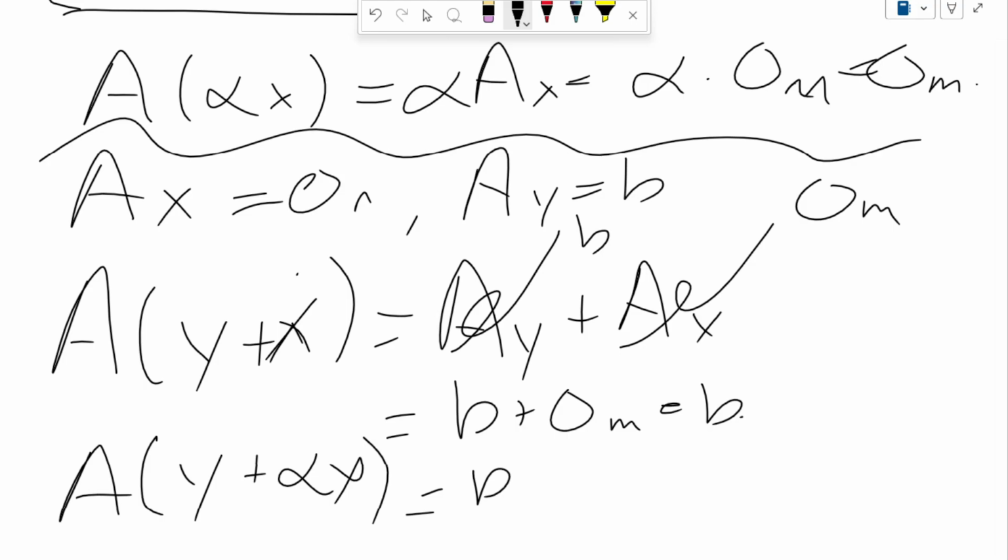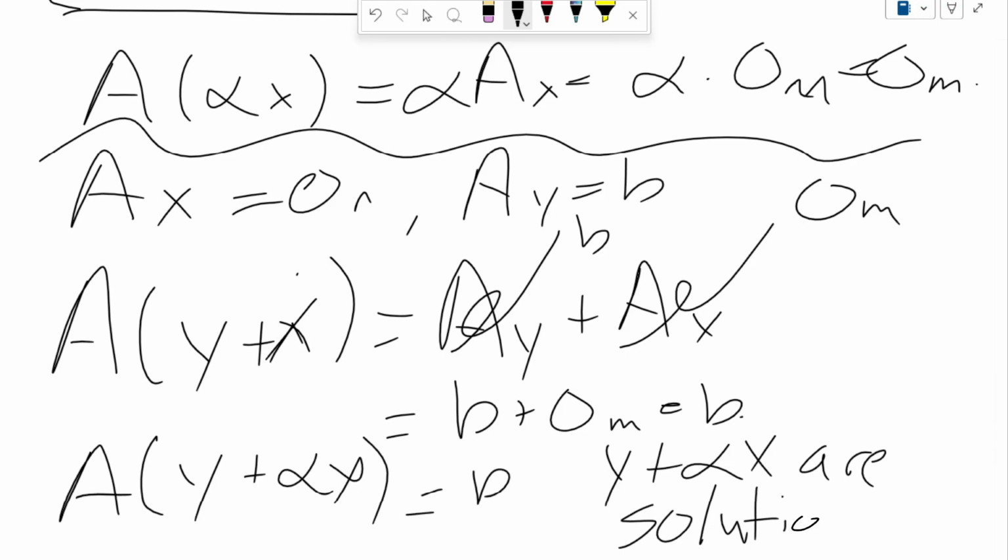Because we can take alpha to be any real number, and so now we have infinitely many solution vectors. All vectors of the form y plus alpha x are solutions, right? So just by answering if the matrix A has a non-trivial null space, we've already figured out that every solvable system has infinitely many solutions.